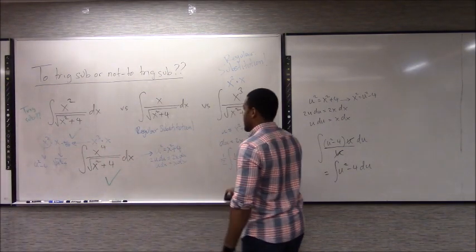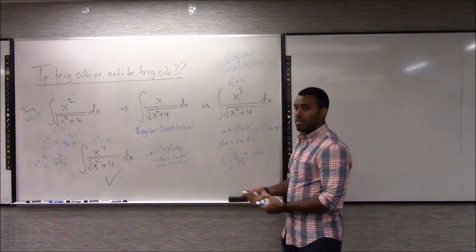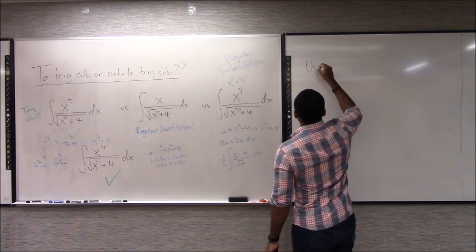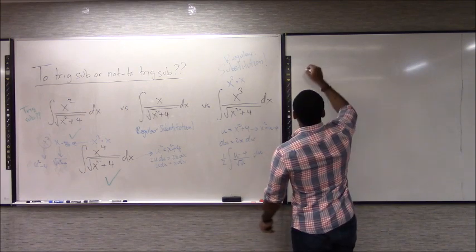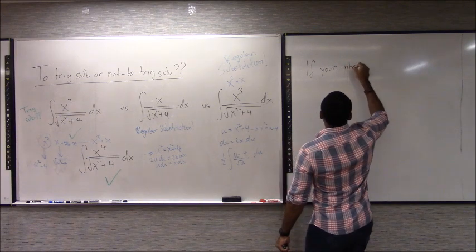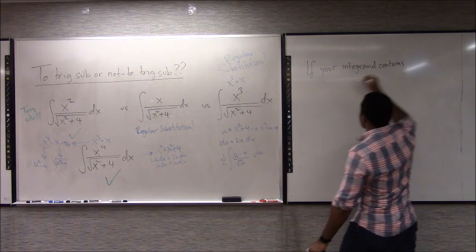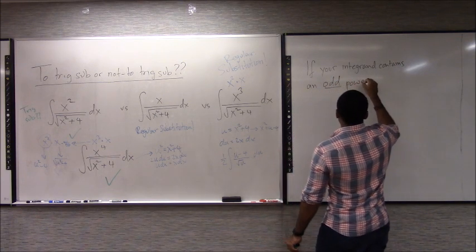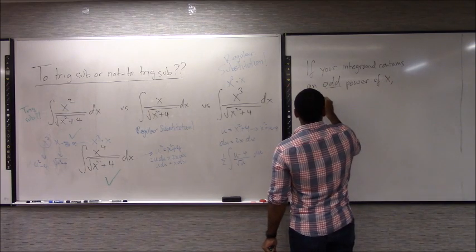So now do you see the deciding factor? Is it whether those powers are either even or odd? Yeah. Maybe I should state it in terms of the negative. If your integrand contains an odd power of x, regular substitution works.